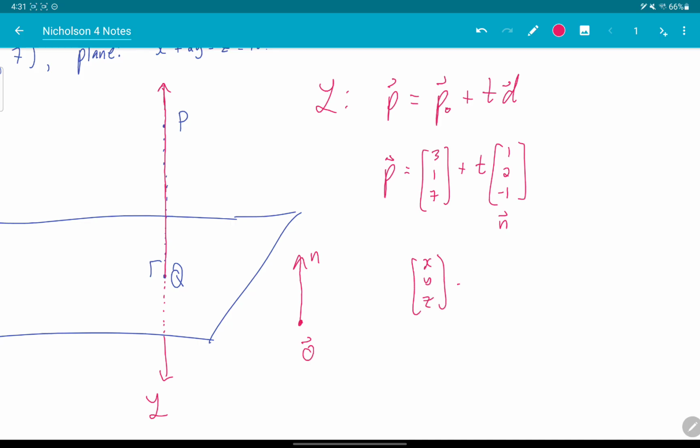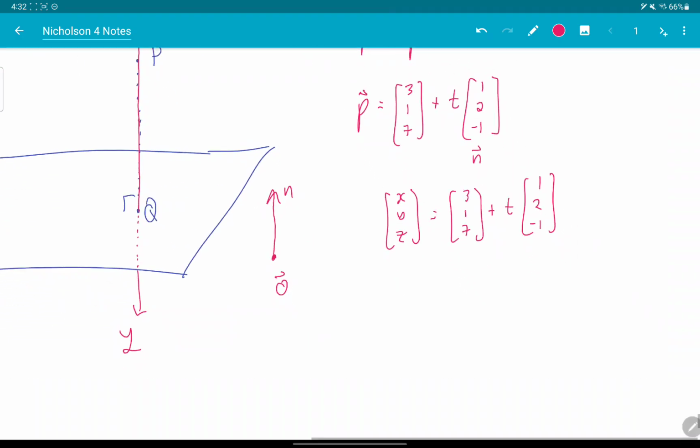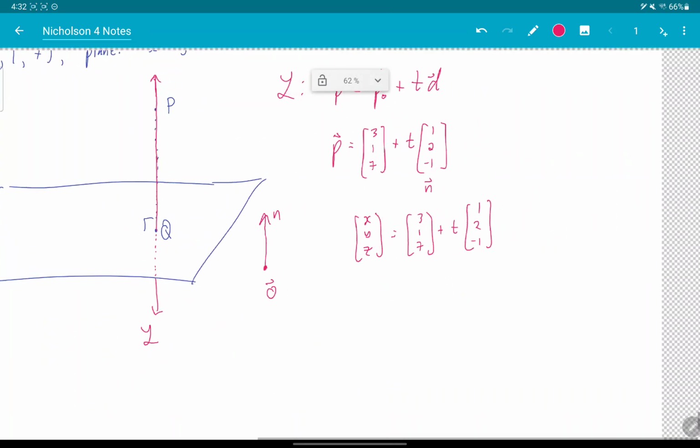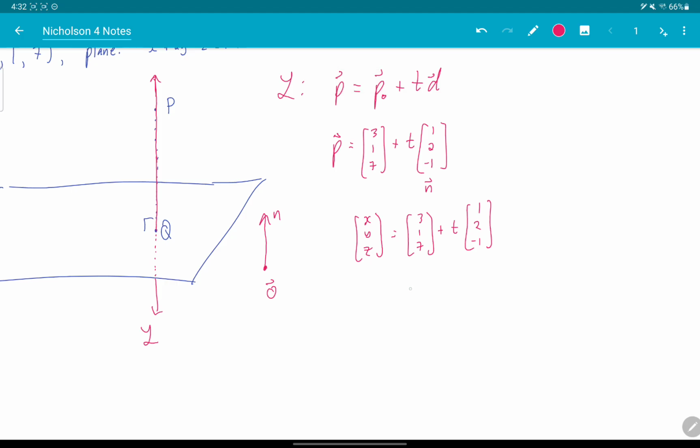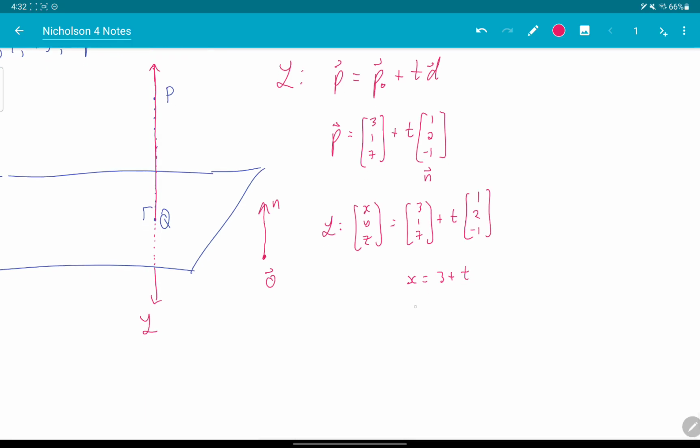X, y, z is equal to 3, 1, 7 plus t times 1, 2, -1. So if I write out the parametric equations, this is still my line L here. X is 3 plus t. Y is equal to 1 plus 2t. Z is equal to 7 minus t.